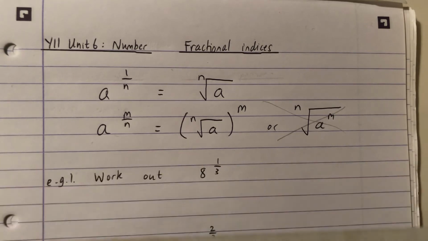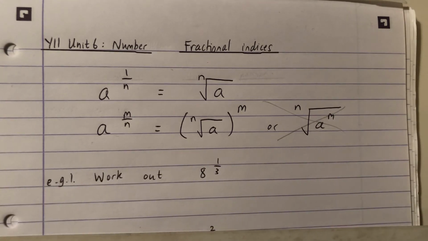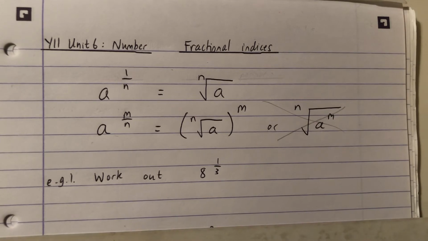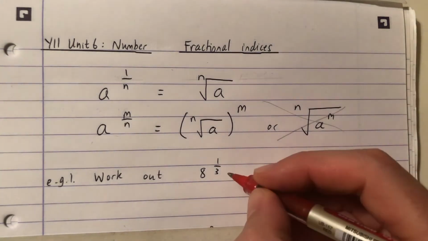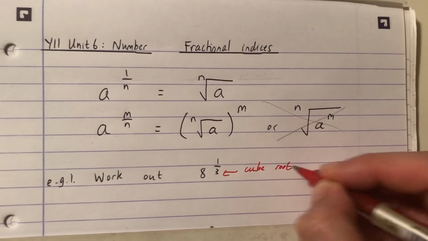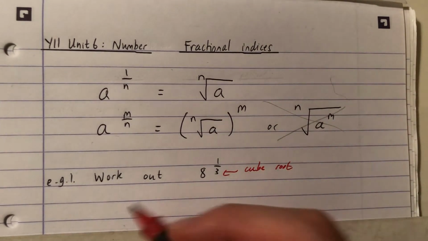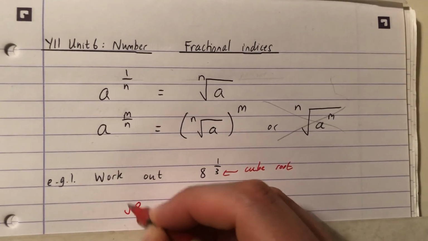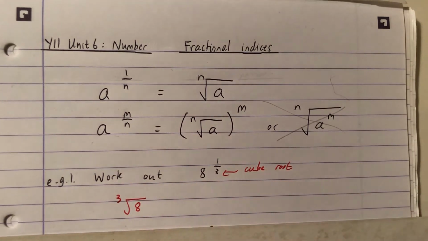Okay, example number 1 is work out 8 to the power of a third. So using the rules from above, that means cube root. So 8 to the power of a third is the same as the cube root of 8.